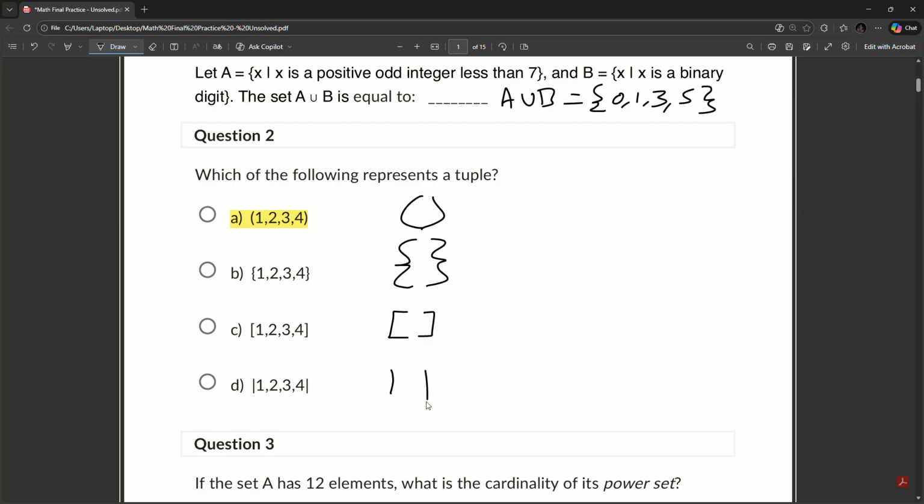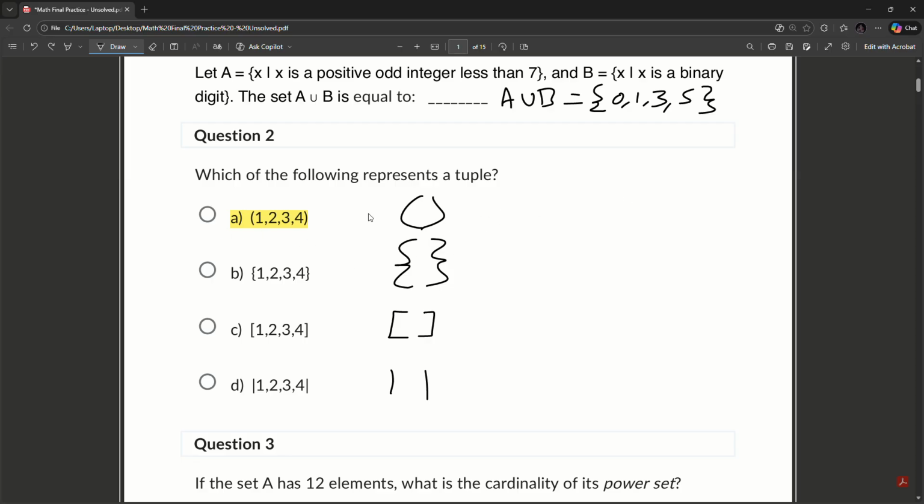And then this is an absolute value, which in normal mathematics basically means a positive integer only, or when it comes to sets, it means the number of items inside the list, tuple, or dictionary. So, for example, for D, there's 1, 2, 3, 4. There are a total of 4 elements, right? So the answer is A.